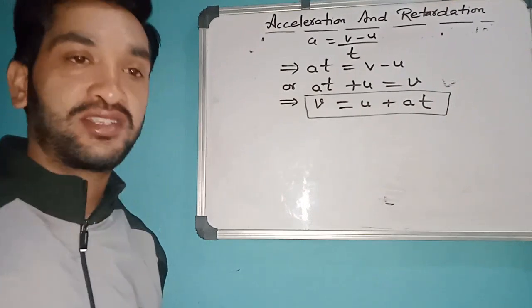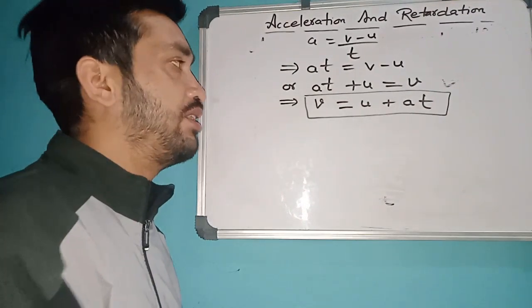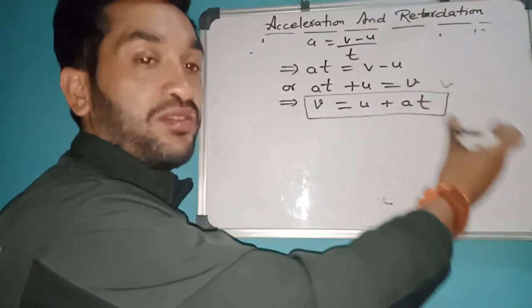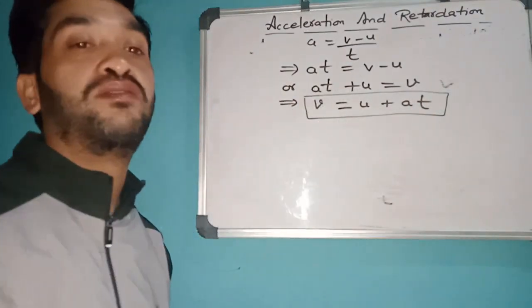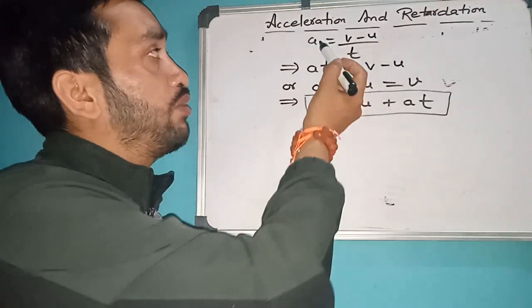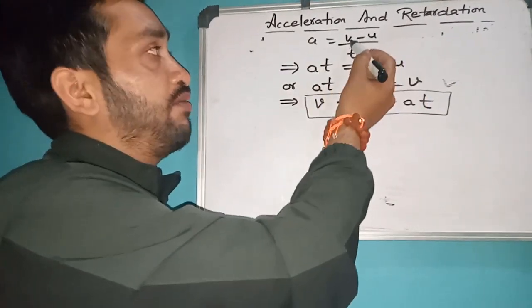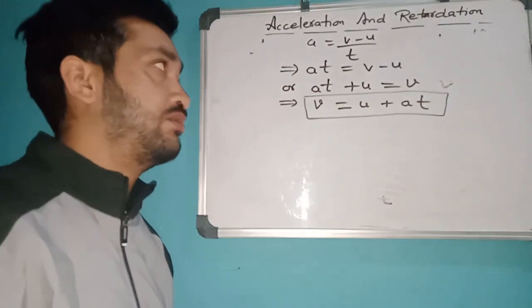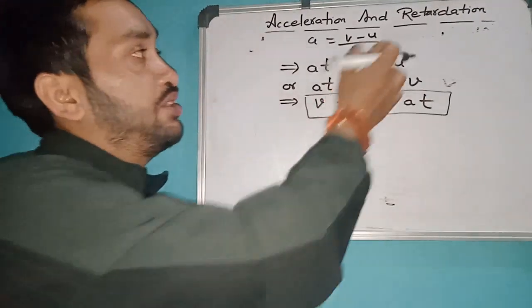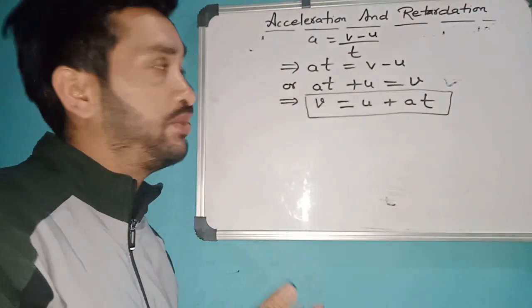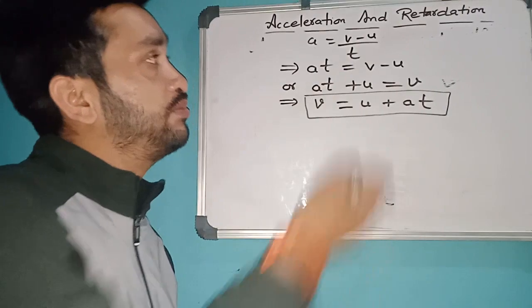Then they will ask you what is the acceleration, or they may write that the initial velocity of a body is this much, if acceleration and time are this and this, then what will be its final velocity. In that way also they can ask you a question, or they can straight away ask you what is the acceleration if final velocity equals this much, u equals this much, and the body was in motion for this many seconds. So acceleration can also be derived in this way.